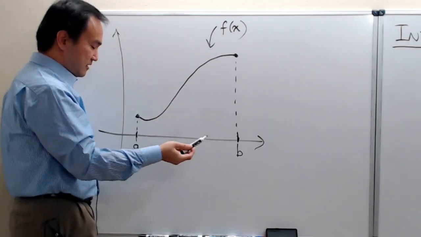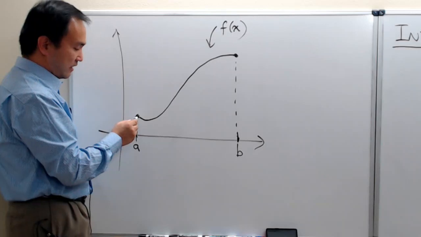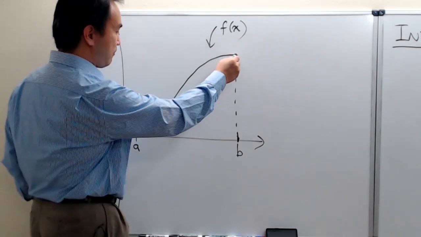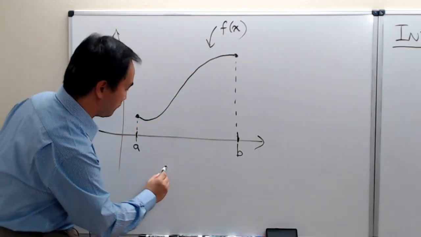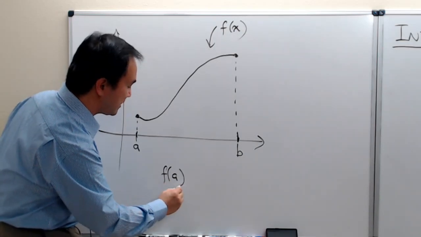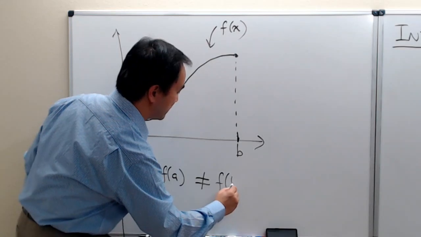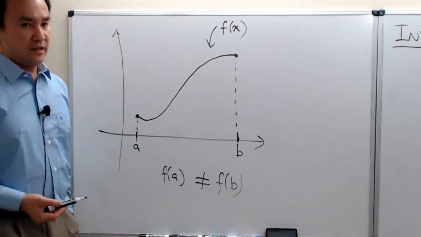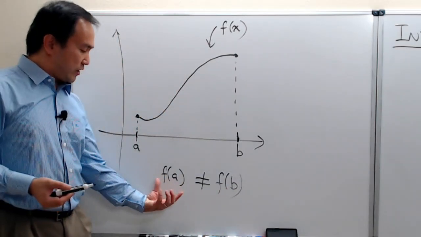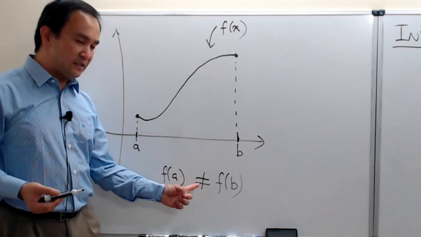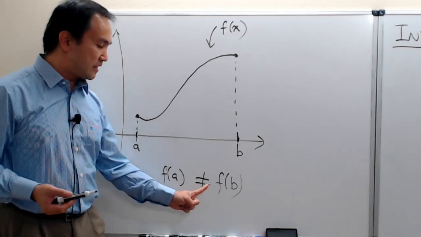The next important requirement is that at the left endpoint and the right endpoint, we need those two outputs to be different values. All I'm saying is that we want f of a to be different than f of b.